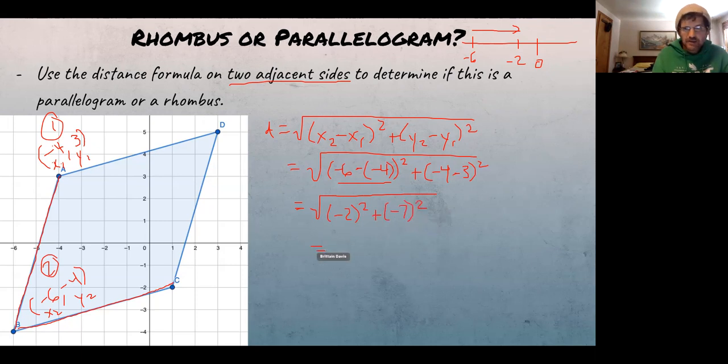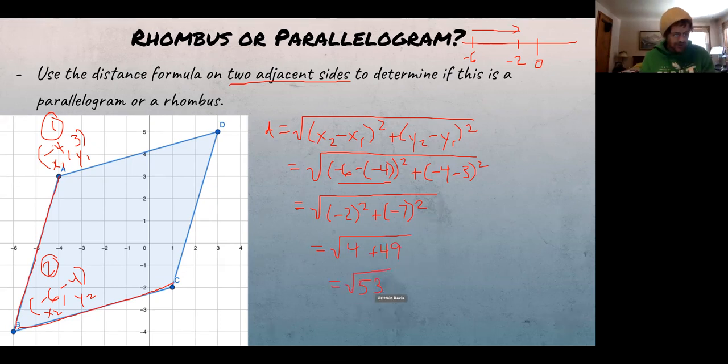When I square, the negatives just go away. So basically it's just 2 squared. 2 times 2 is 4. 7 times 7 is 49. So I get the square root of 53.